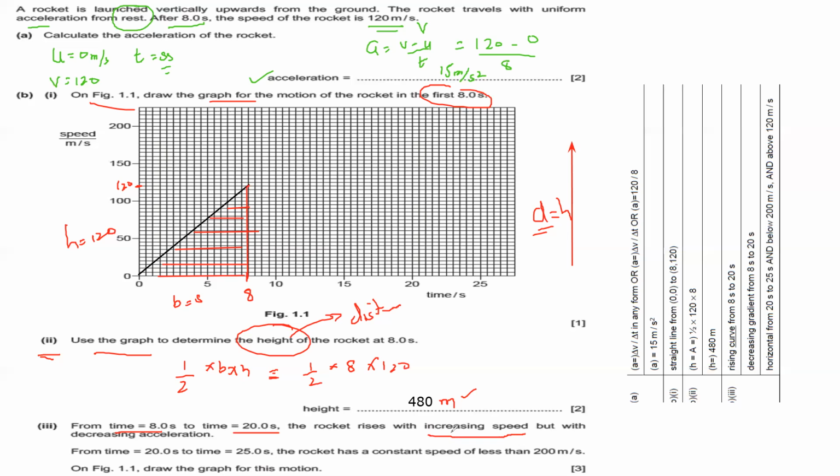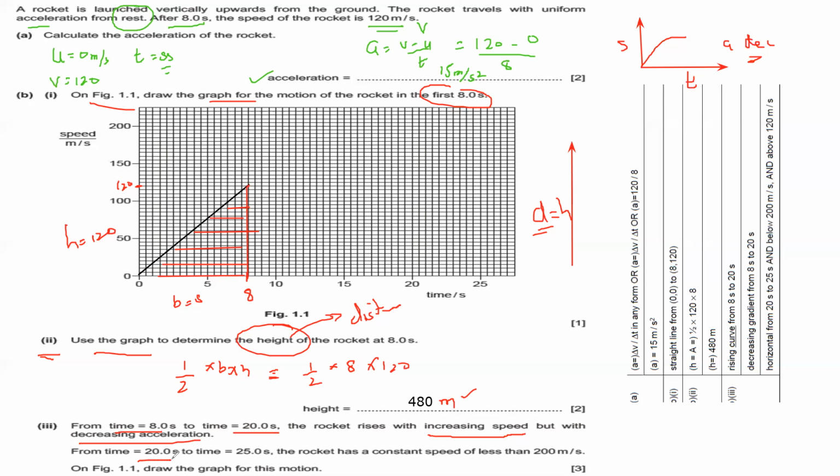So when acceleration is decreasing, how do we complete a graph? We reduce the slope. On a speed time graph, if acceleration is decreasing, we should draw a decrease in gradient.